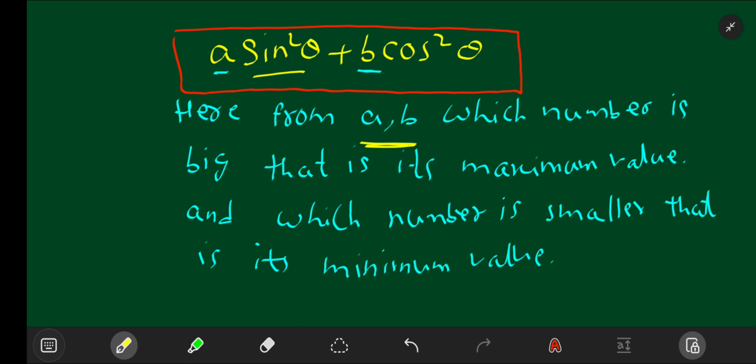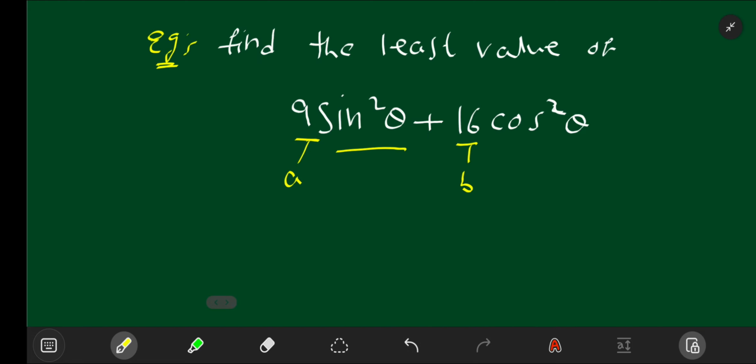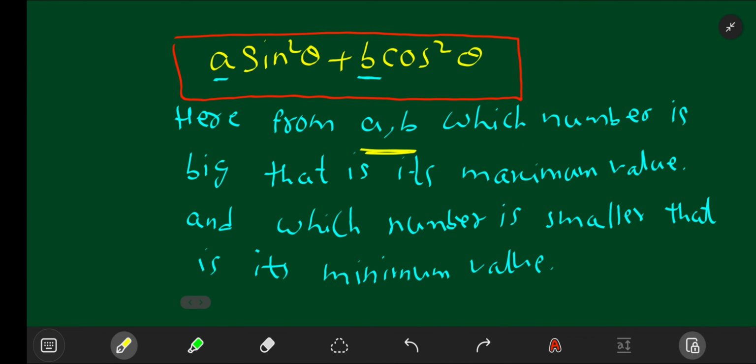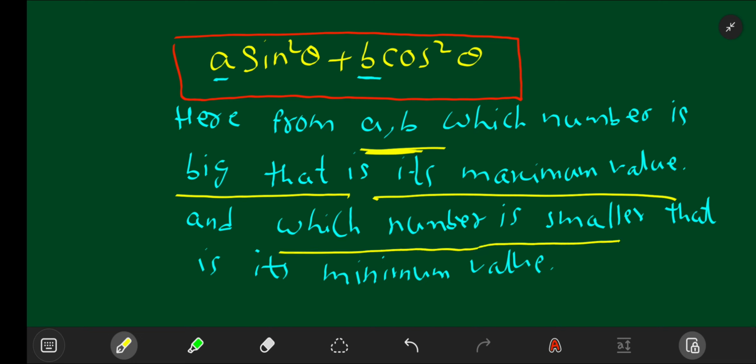When sin square theta, cos square theta is there, then only you have to apply this formula here. That's why I am applying this formula. As I said, from A comma B, which number is big, that is its maximum value, and which number is smaller, that is its minimum value.